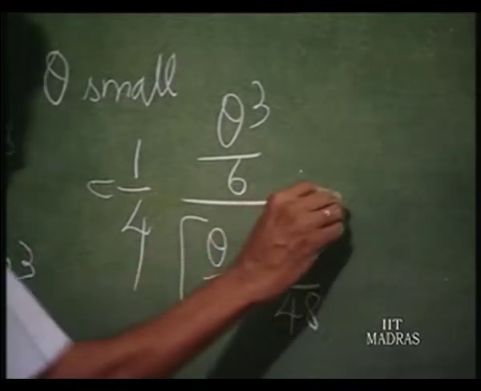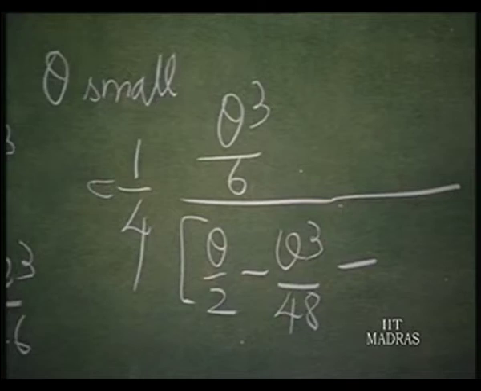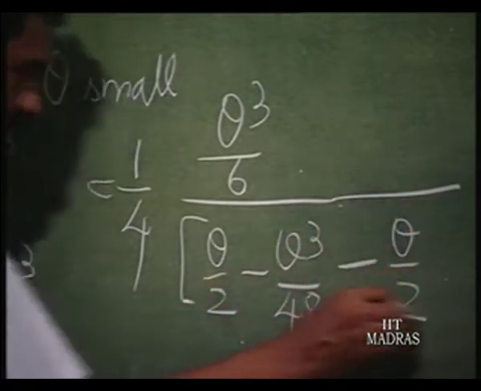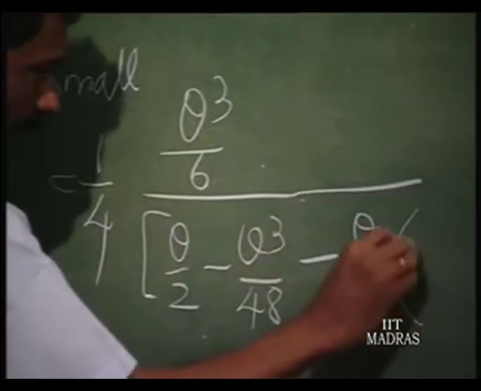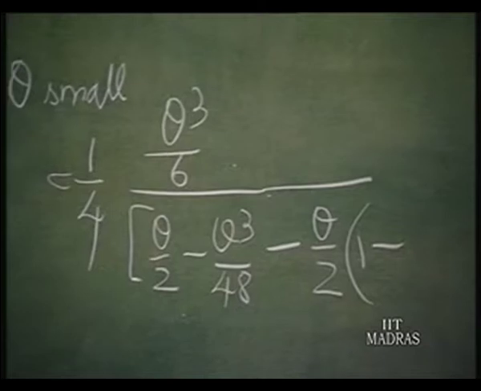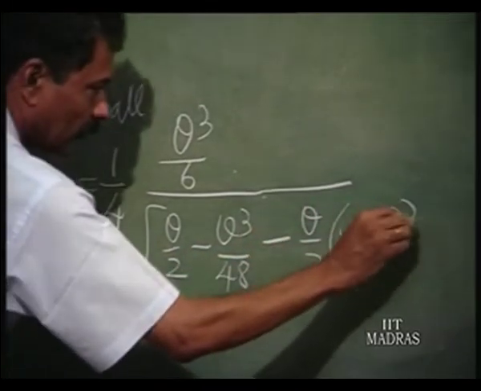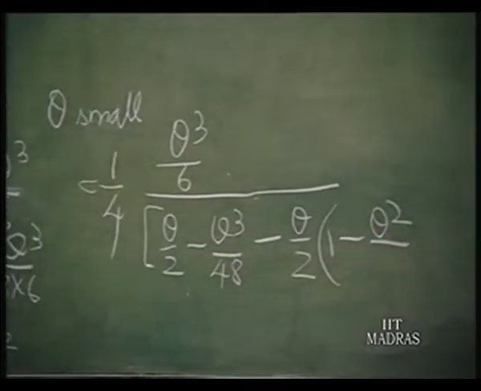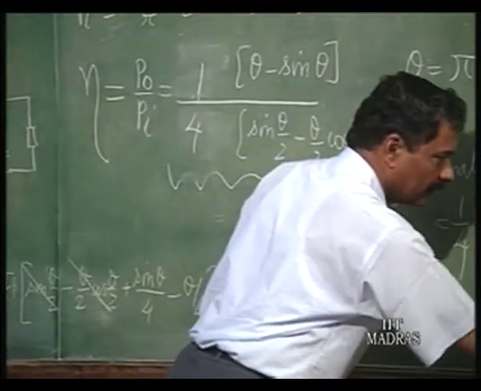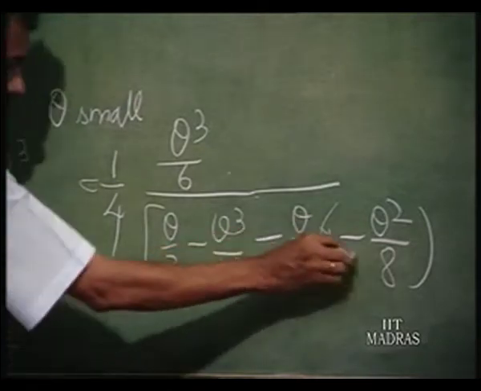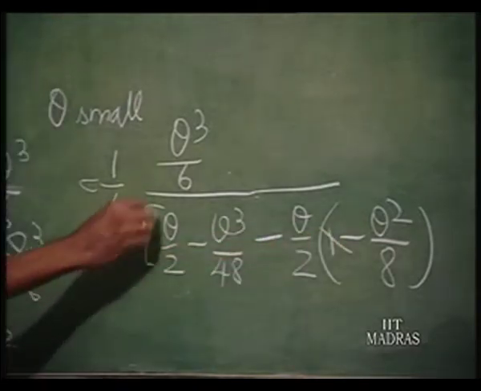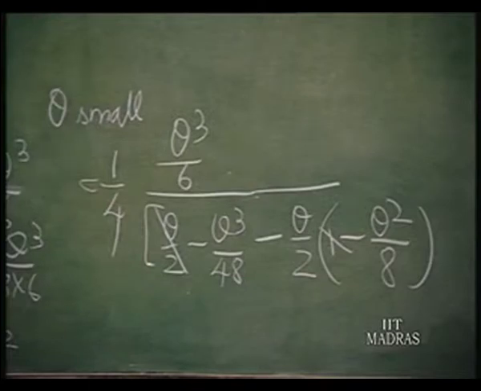Then minus theta by 2, that is remaining as such, okay, into cos theta by 2, which is 1 minus theta squared by 8, right. So, once again you have theta by 2 getting cancelled with theta by 2, right.